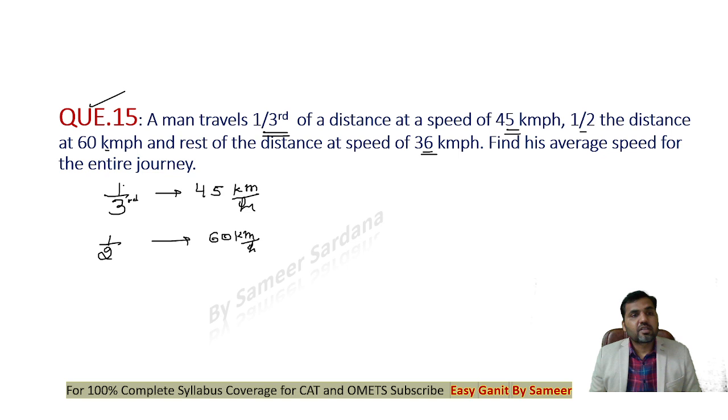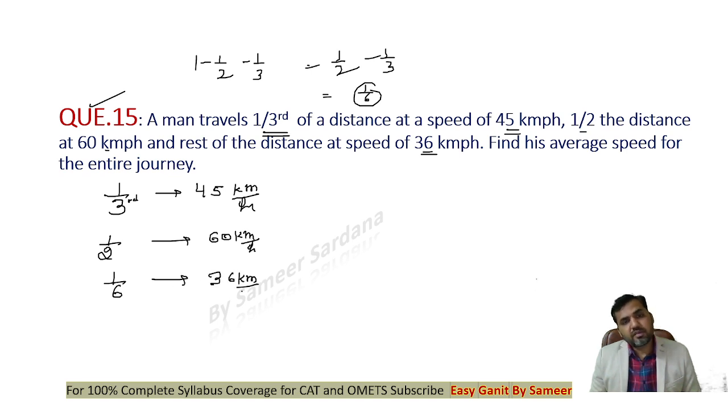And the rest of the distance would be 1 minus 1/2 minus 1/3, that is 1/6. So the rest, 1/6 of the distance, will be traveled at a speed of 36 km per hour.